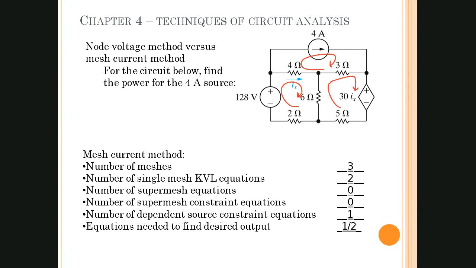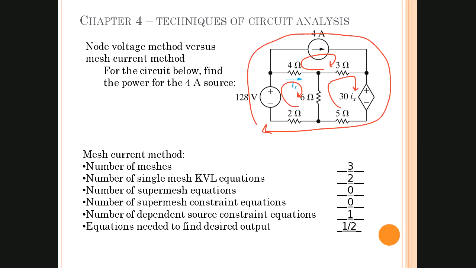Number of single mesh KVL equations. So a single mesh KVL equation would be the same thing as this. I'm sorry, there it is, or single mesh with the current on the outside.